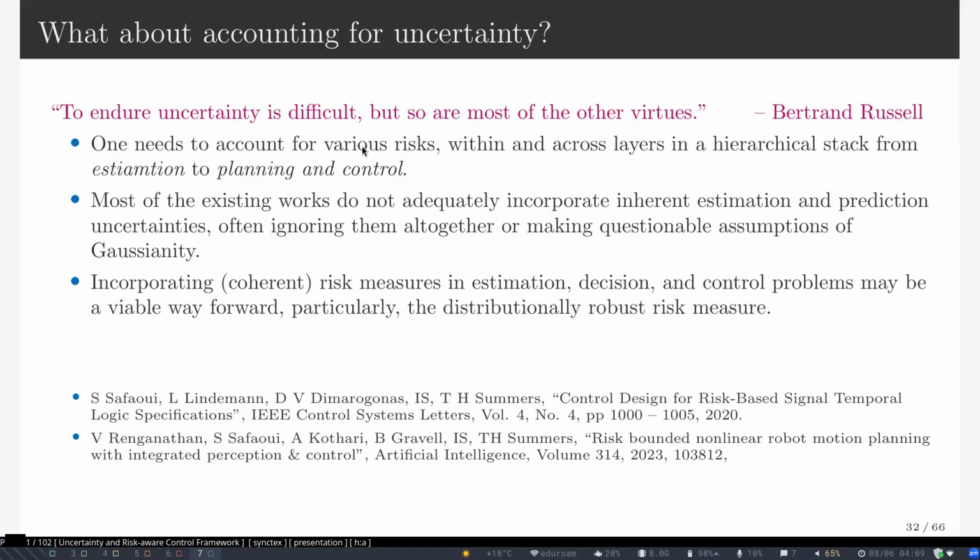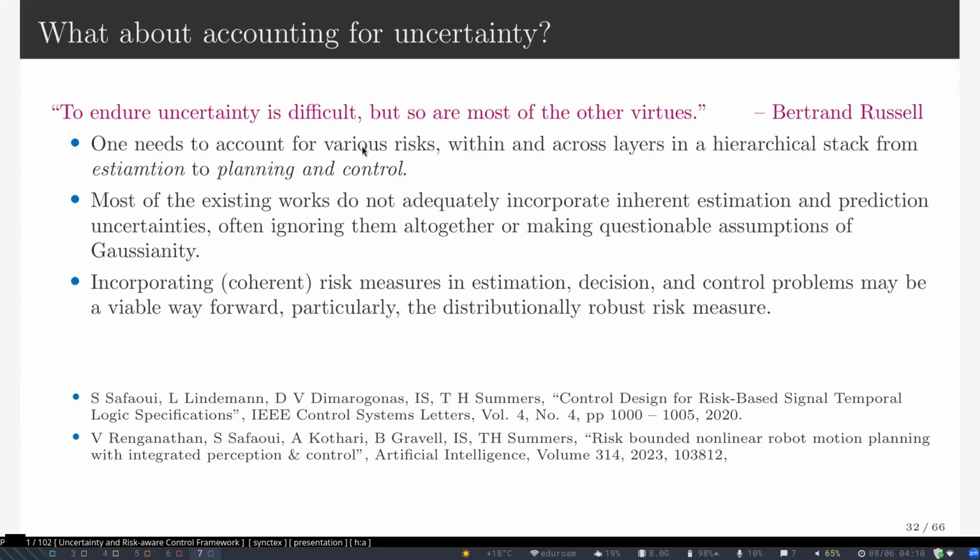Most existing approaches don't do it. What happens in the end is either we ignore them or we assume they're Gaussian and then everything is fine. Most of the time, things that are really bad are not Gaussian, but have long tails.